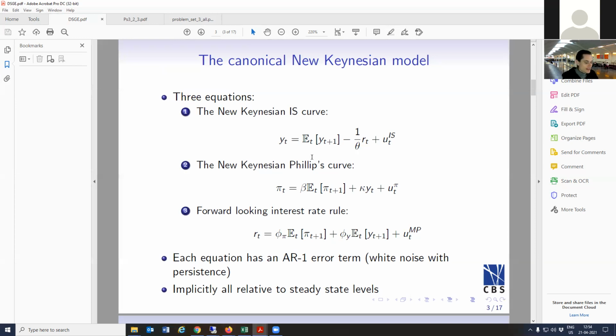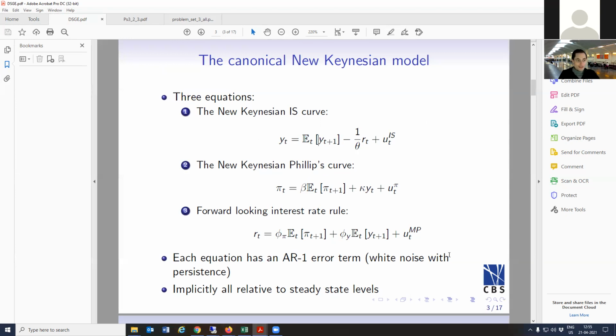I think two things. First, it's not exactly a macro 101 model, and the difference is these expectations. In practice, these expectations can be very important, and there can be a lot of discussion about how people form expectations. There are a million research papers about the right way to think about these things.